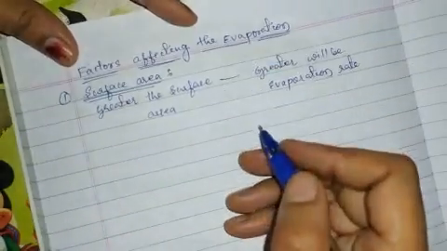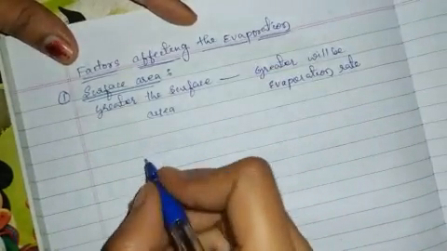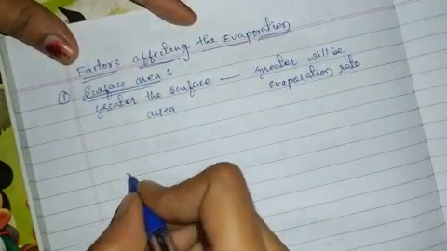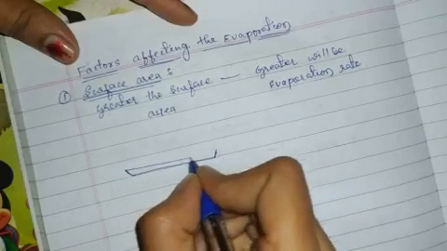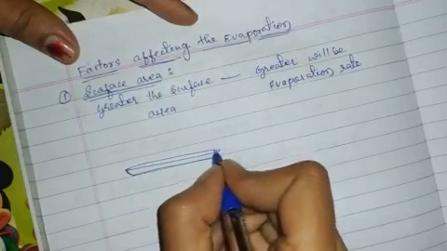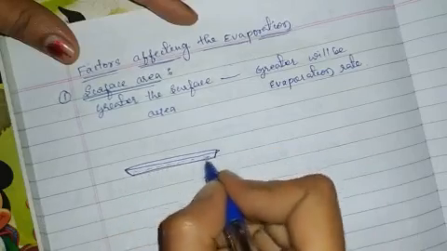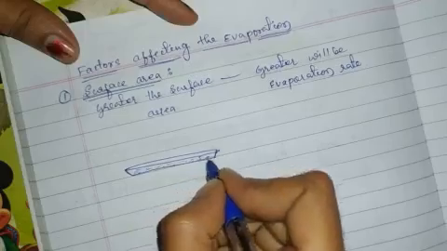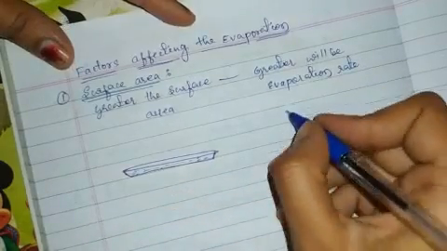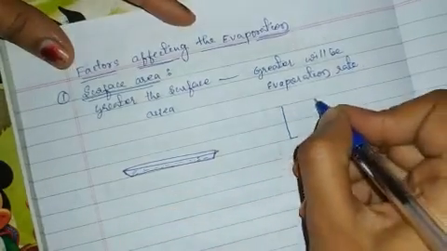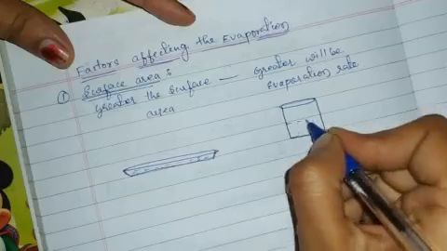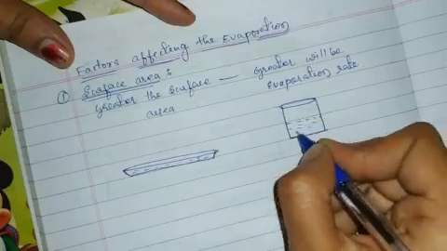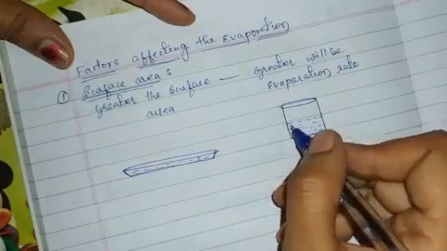See here, this is a small plate. In this I am placing some water. Next we take one beaker. In this beaker also we place the same volume of water.